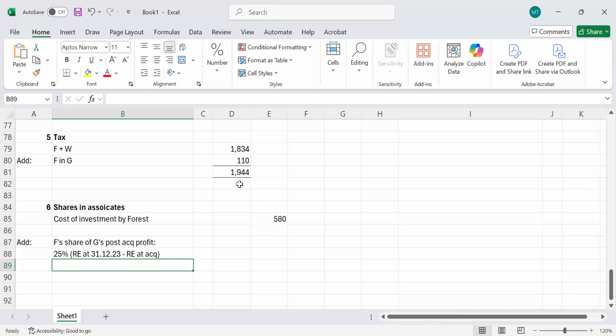But retained earning at 31st of December, if you look carefully in the balance sheet, is given as 3.70, yeah, is given in the balance sheet. So we take that into account, but before we do that, we need to calculate the retained earning at acquisition.